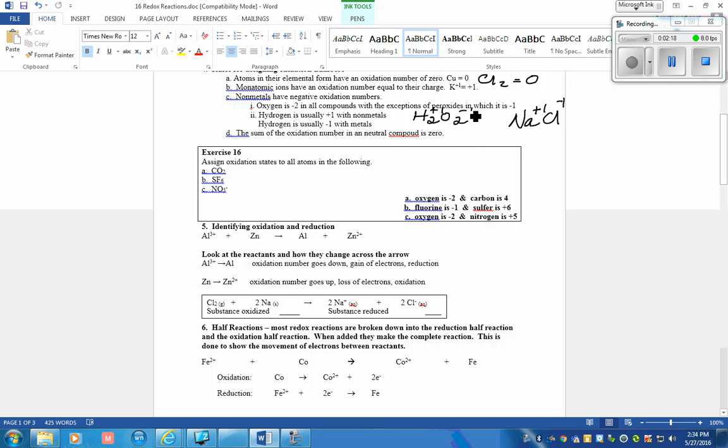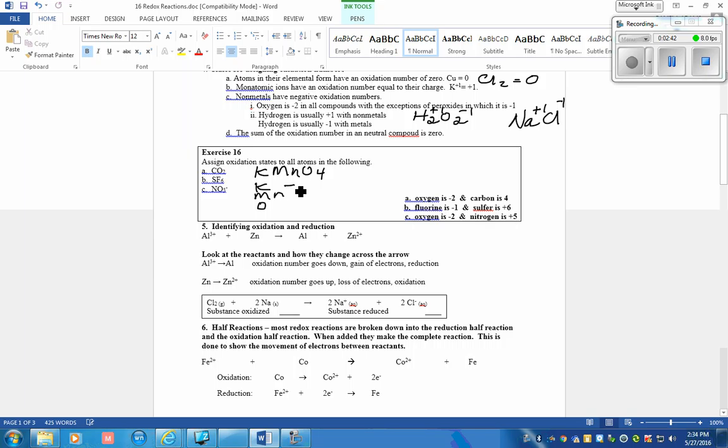So, let's look at the algebra method for assigning oxidation states to all atoms in a compound. If we were to take potassium permanganate, there are 3 atoms in this compound. We would list the atoms.